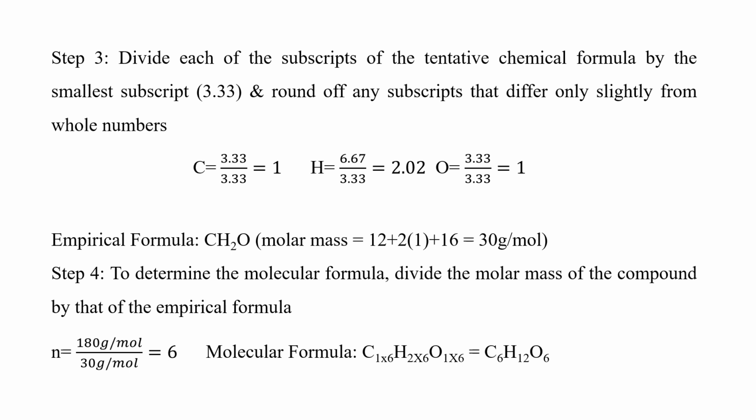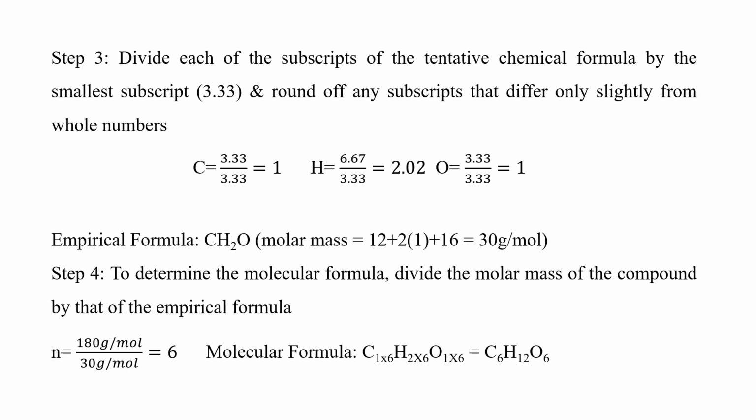Now, into step 3, you are going to divide each of the subscripts of the tentative chemical formula by the smallest subscript, that is 3.33, and you are going to round off any subscripts that differ only slightly from whole numbers. For example, 2.99, 2.98, 2.01, 2.02, and so forth, right?